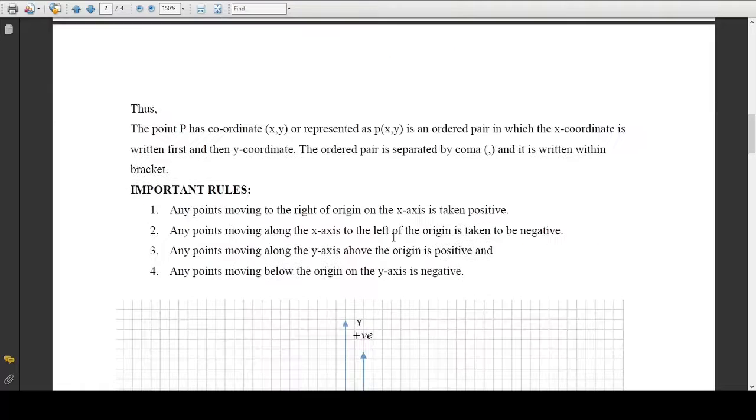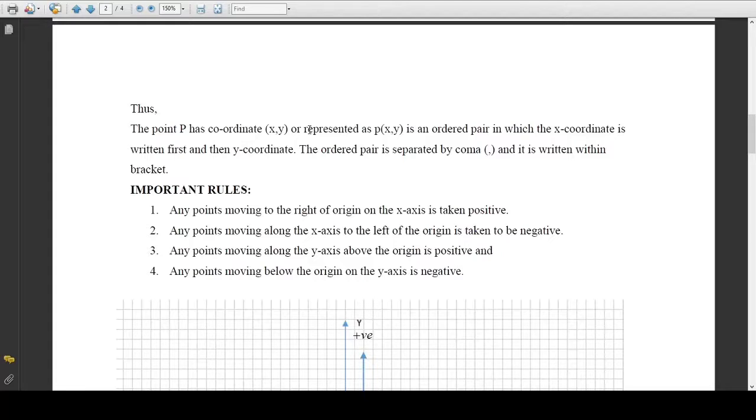Next, the point P with coordinates x, y, represented as P(x, y), is an ordered pair in which the x coordinate is written first and then the y coordinate. So (x, y) is the ordered pair. You cannot write (y, x).